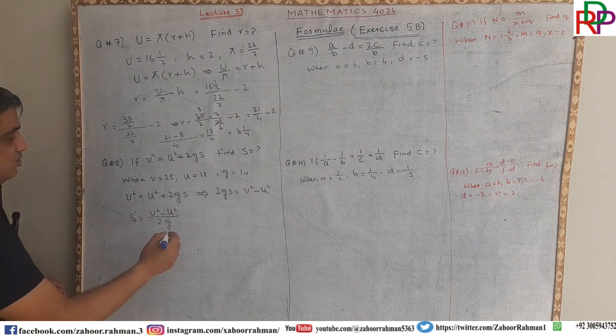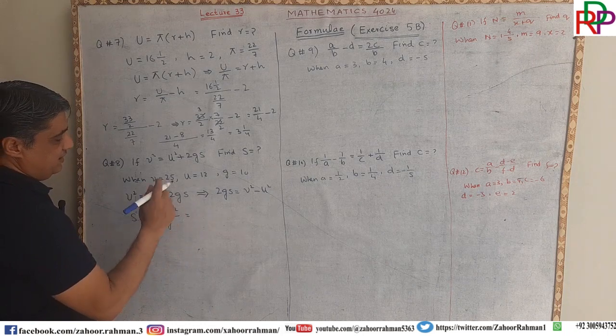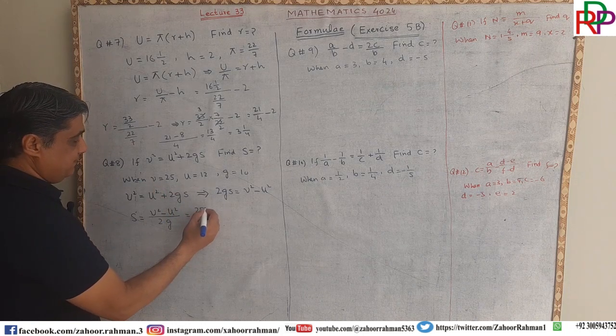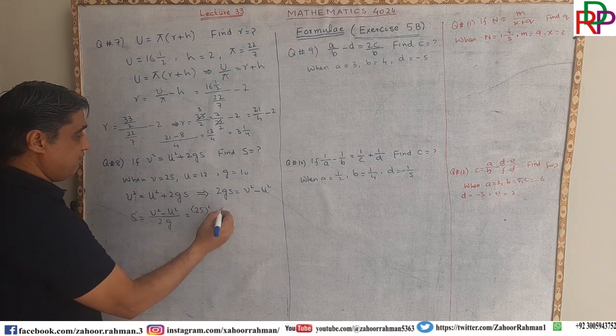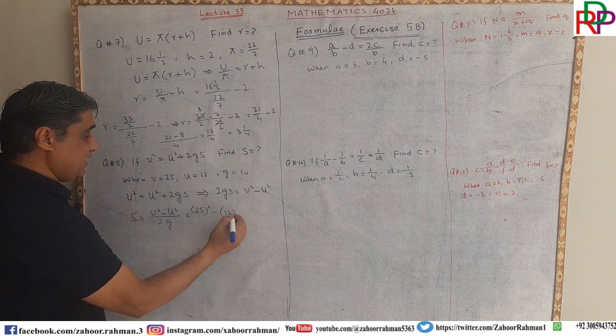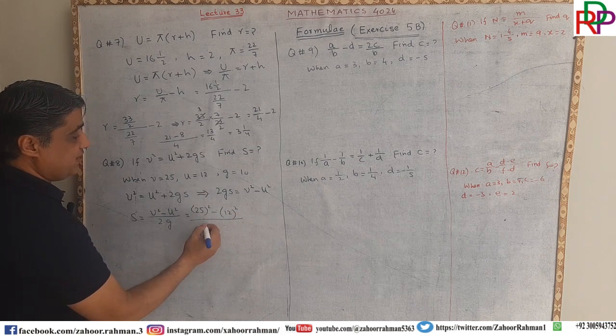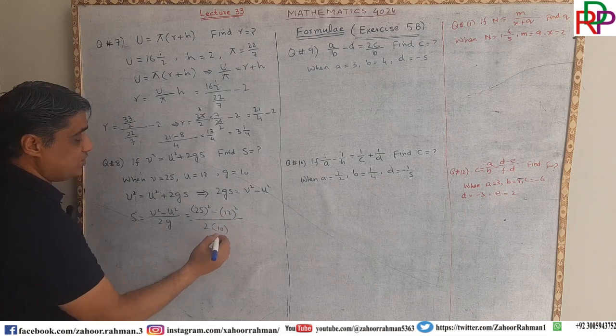Next we have to put the given values here: 25 square minus 12 square, whole divided by 2 into 10.